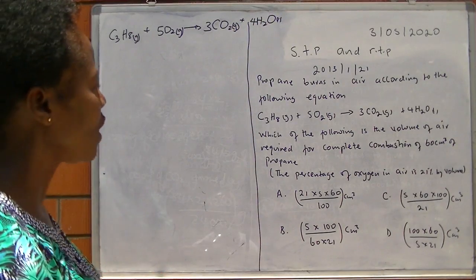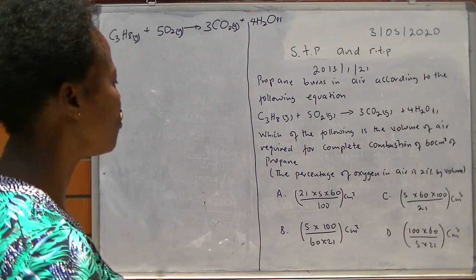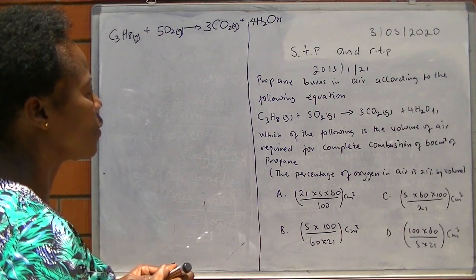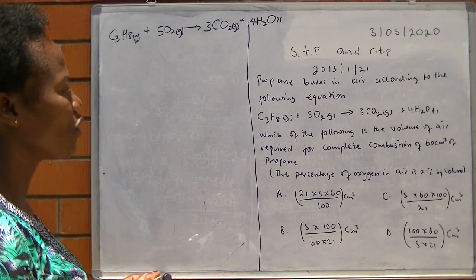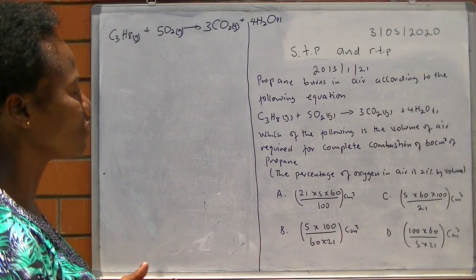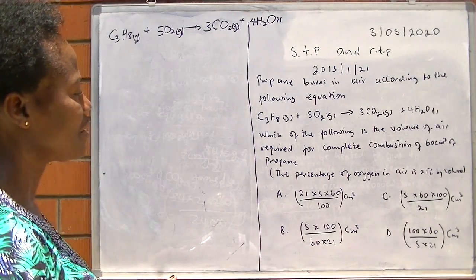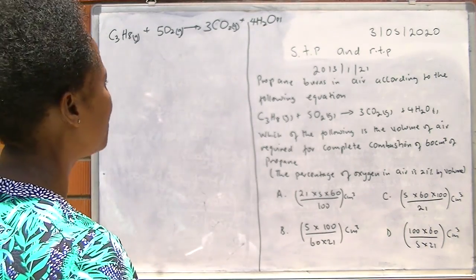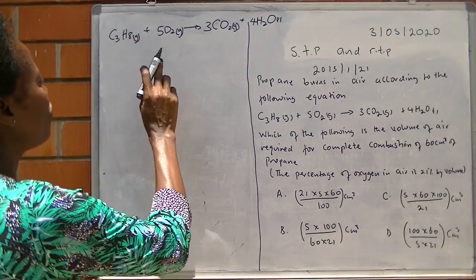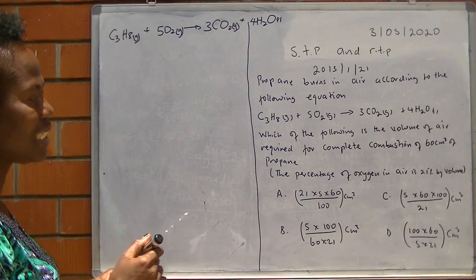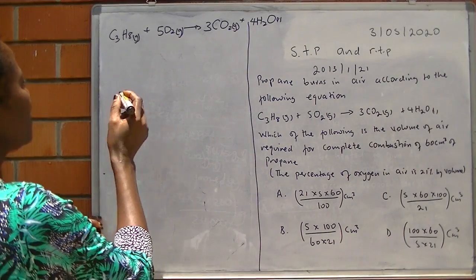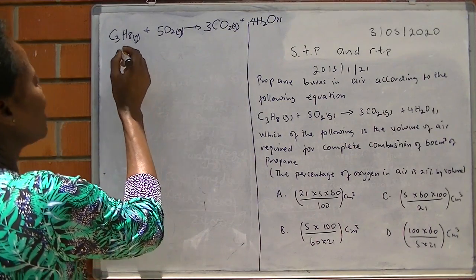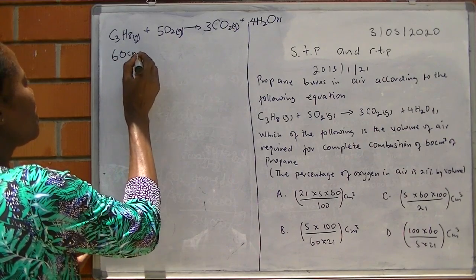Back to the question, which one of the following is the volume of air required for complete combustion of 60 cubic centimeters of propane? The percentage of oxygen in air is 21% by volume. Let us first get the volume of oxygen used, then we shall get the amount of air required. We are told 60 cubic centimeters.